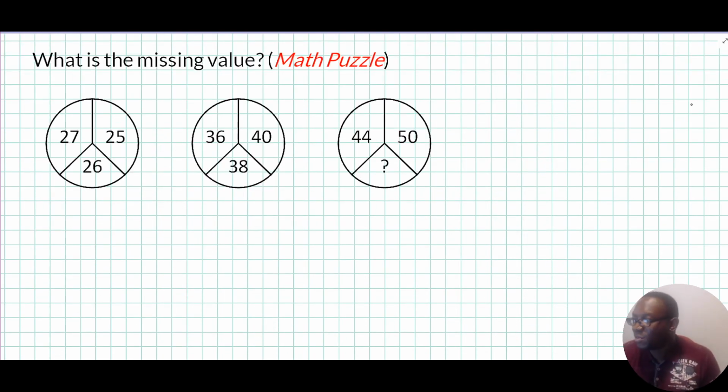So we're trying to find out the missing value here. What is the missing value here?